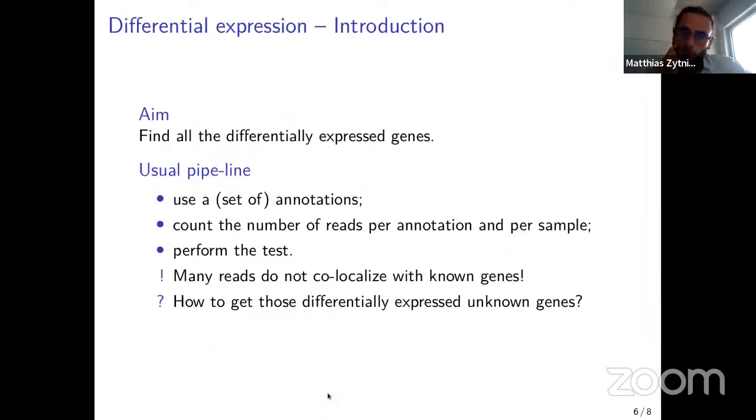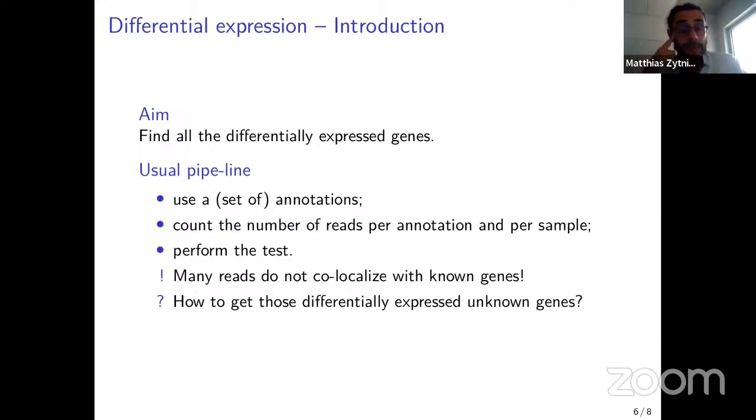The last tool is applied to differential expression. The aim is quite clear: you want to find all the differentially expressed genes. What you usually do is count the number of reads that co-localize with your annotation, and afterwards you compare the number of reads and do the test.